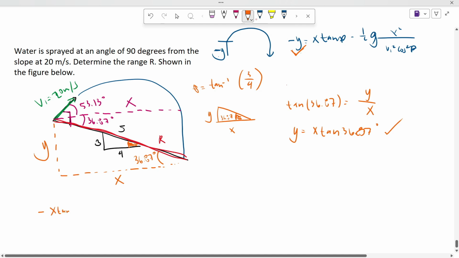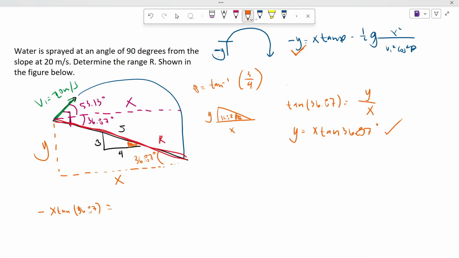Negative x tangent of 36.87 degrees is equal to x tangent of the angle we will use here, 53.13, minus 1 half times 9.81 x squared all over 20 squared cosine squared of 53.13.